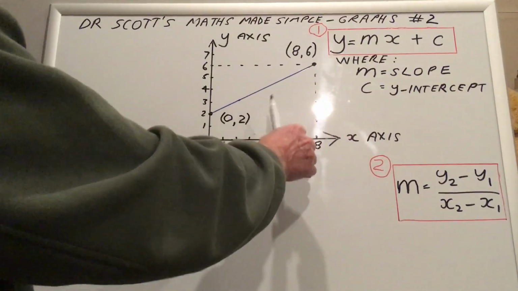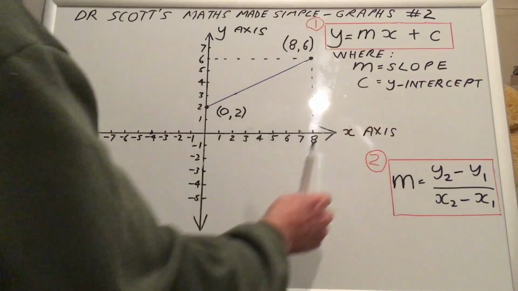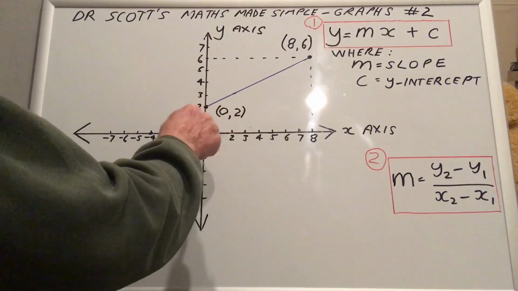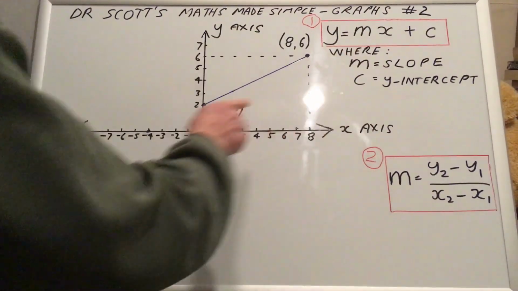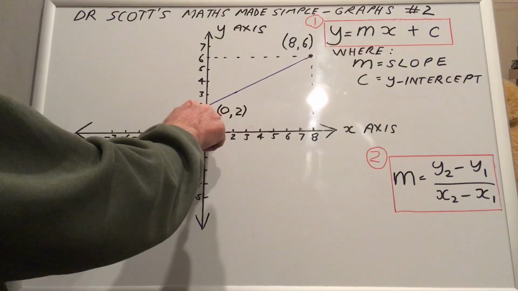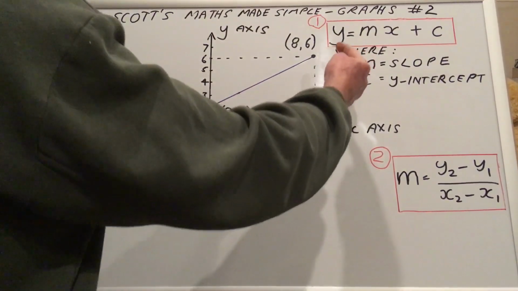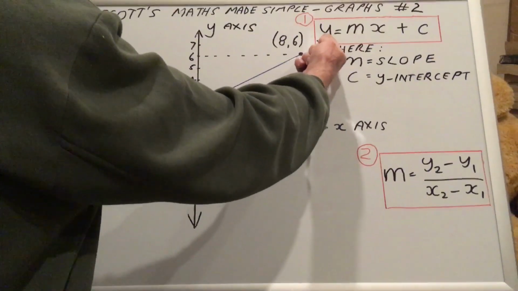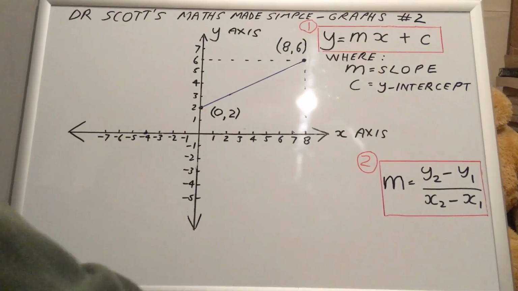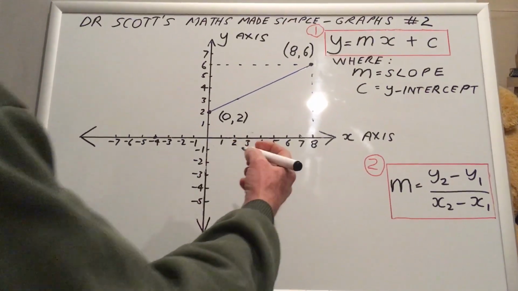If we can work out the slope of this line using this formula, because with this line we actually know the y-intercept, or c. It's 2, because that's where it crosses the y-axis. So in this case, we're lucky, we've been given the y-intercept. So we know y, we know x, and we know c. Therefore, we can work out m, because there's only one unknown. Let me show you how.